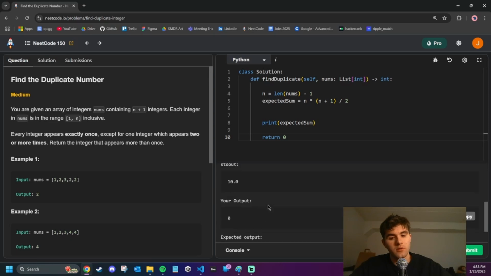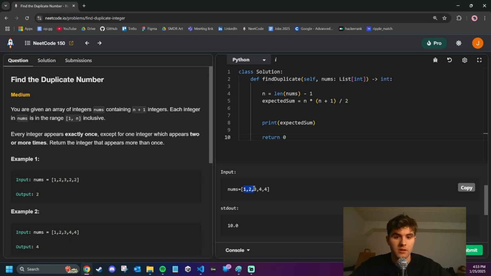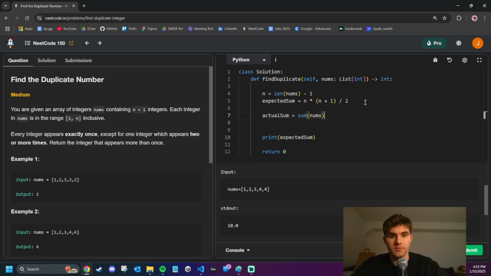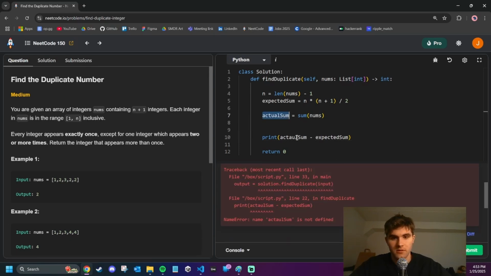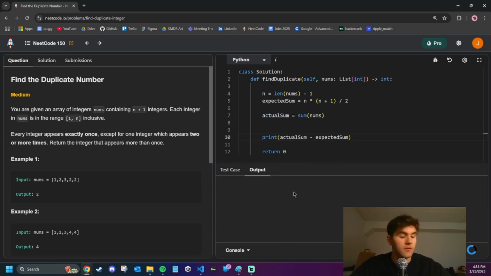So if we look at this case, for instance, which has one duplicate, it does this. So then we take the actual sum, which is just the sum of nums, and then actual sum minus expected sum will give us the answer, if there's one duplicate.